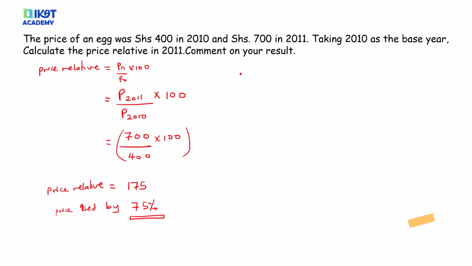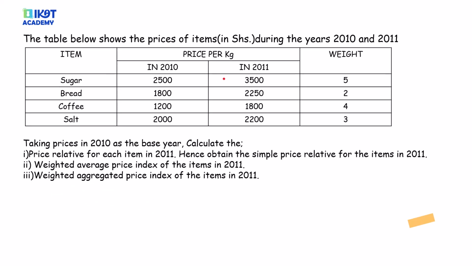However, it's going to be very rare for the questions to be asked directly like this. Most of the time the questions have a few tricks. Now we have this question. It says the table below shows the prices of items in shillings during the years 2010 and 2011. So here we have prices for these different items in 2010 and 2011, and even the weights.